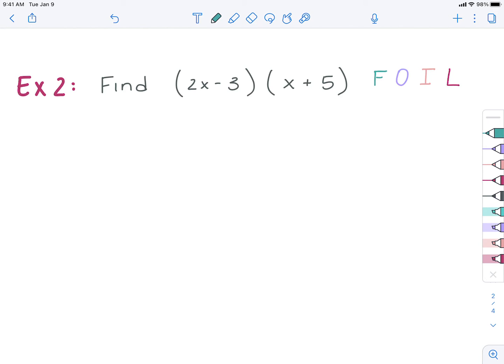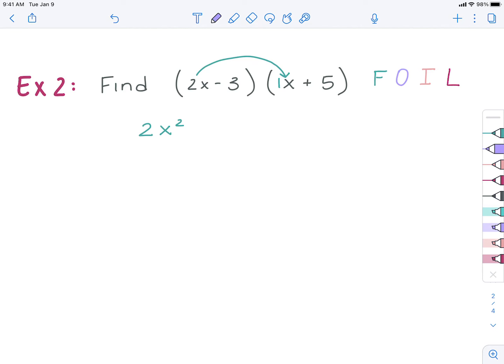I'm going to take my first term and I'm going to multiply it with my last term. So I'm going to do 2x times x. When I do 2x times x, there's really like a 1 here. So it's really like saying 2 times 1 gives me 2. X times x gives me x squared.